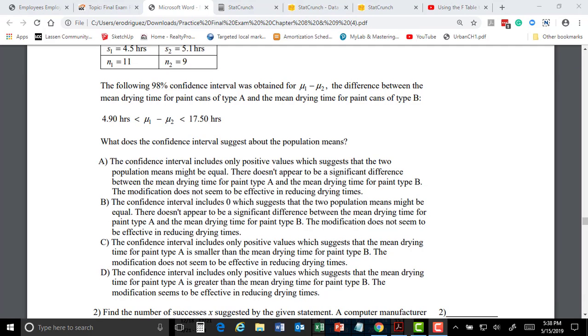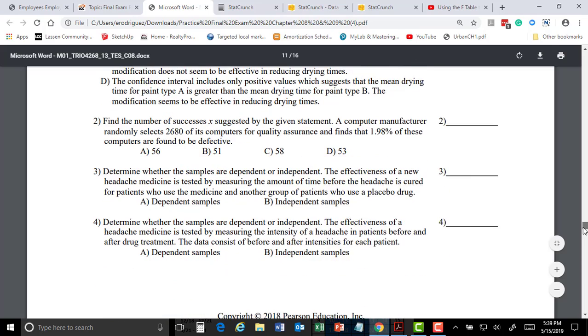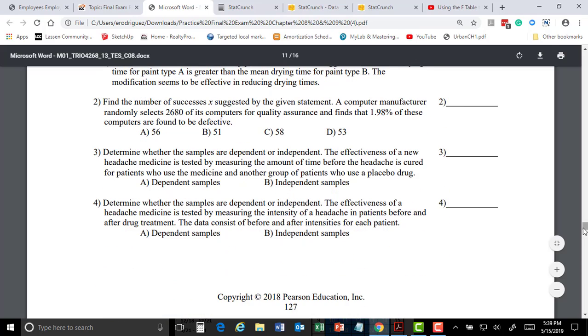Okay, next problem. Number 2. Find the number of successes, X. This is pretty easy. This is like Algebra 1 or something. The computer says that out of 2,680, 1.9% of these were defective. That's like a baby calculation, right?